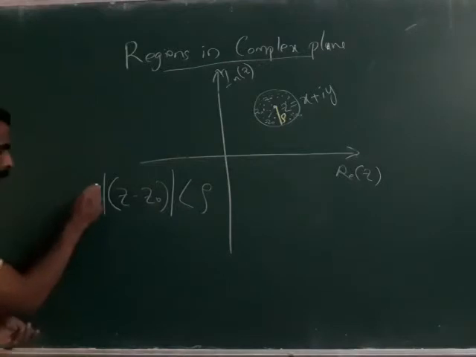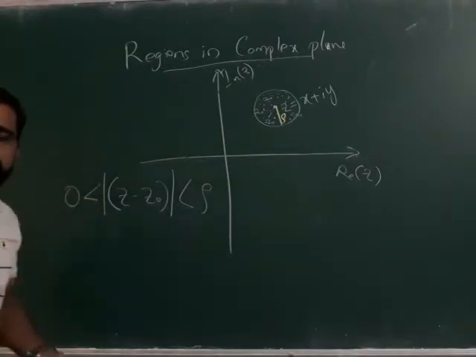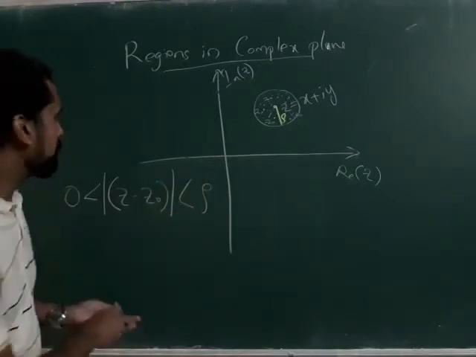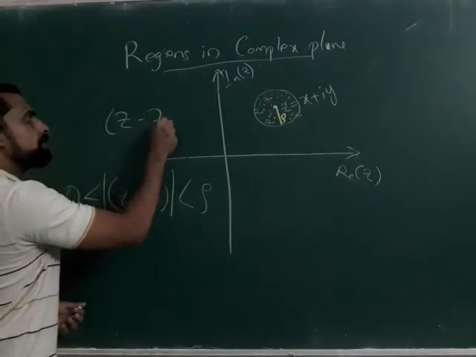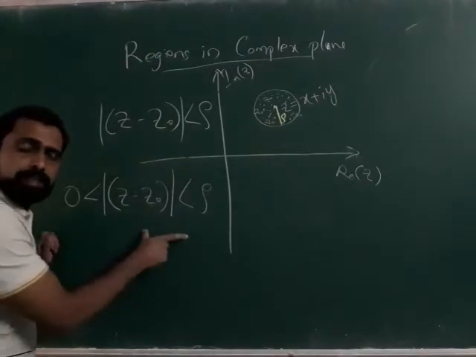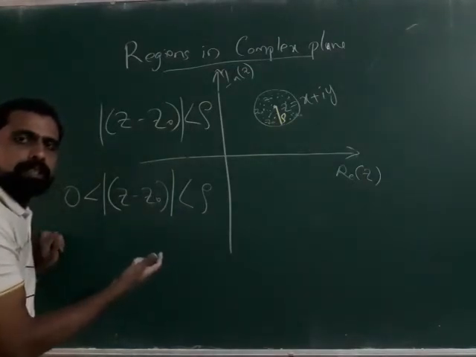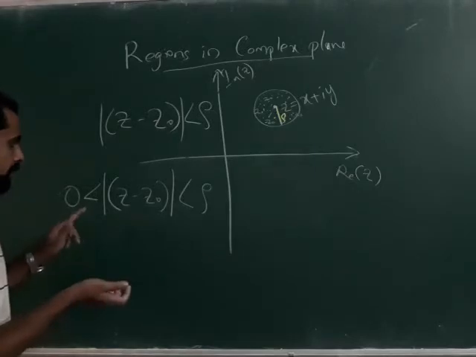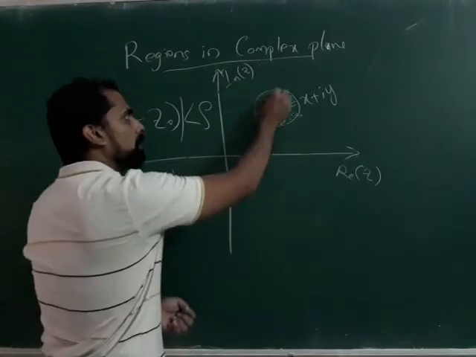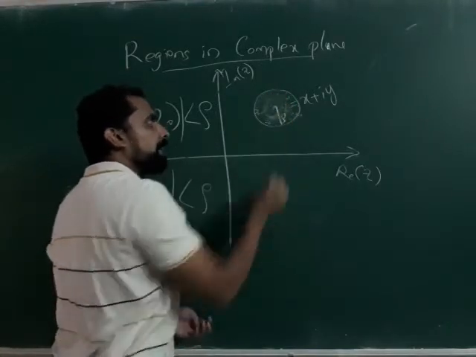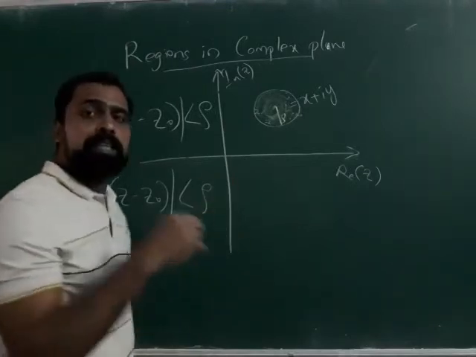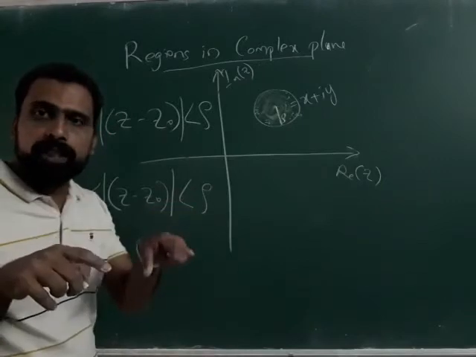This is the first thing, and the second thing, you may have the condition like this: modulus of z minus z0 is greater than 0. What is the difference between the earlier condition and this condition? The earlier condition was modulus of z minus z0 less than rho. Now, how does it change? The only thing is that all the region is included except where z minus z0 equals 0.